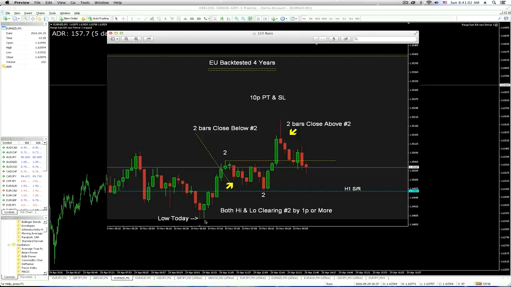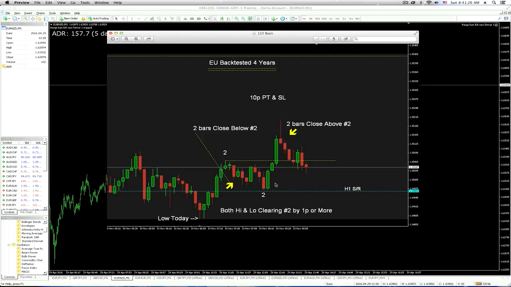The low of the day, price continued up to here to make a higher high than the previous last high, which is this one over here, and then came down.